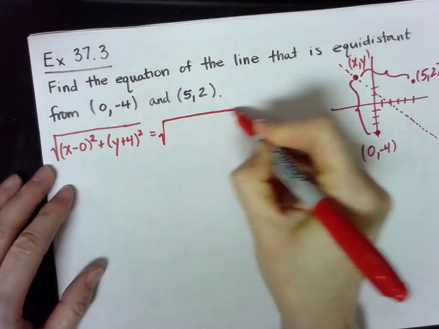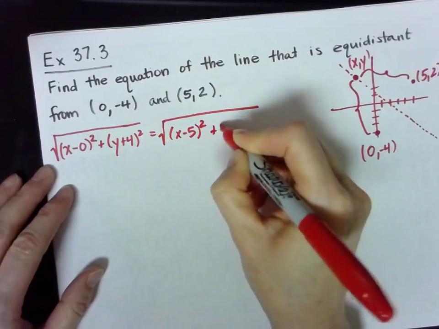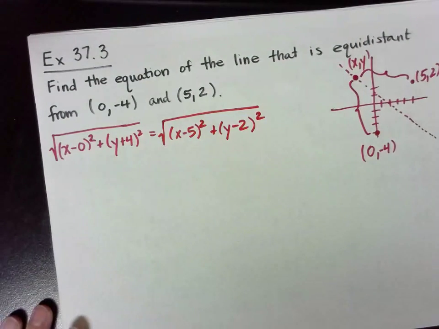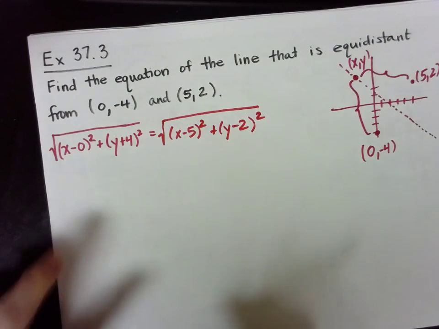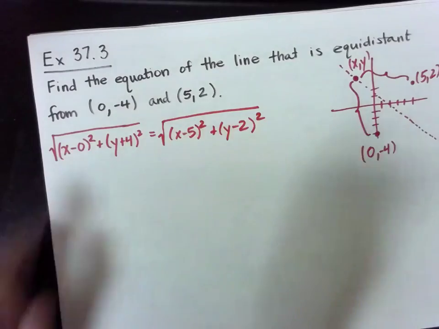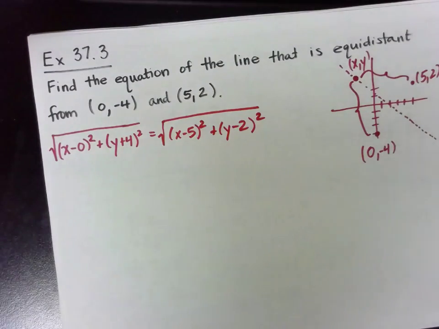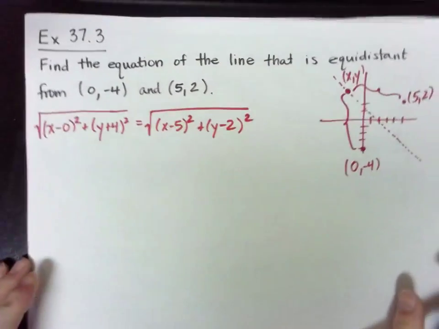That will be the square root of (x − 5)² + (y − 2)². Okay, so if we square both sides, the square root symbols will go away. And let's just go ahead and expand these out as well, so we don't run out of space on my paper, like I did on the last one, where I had to write so tiny.